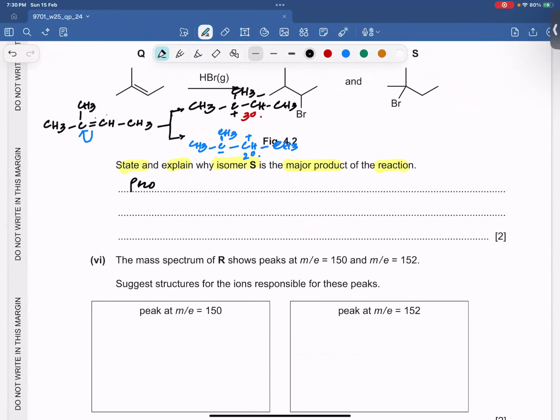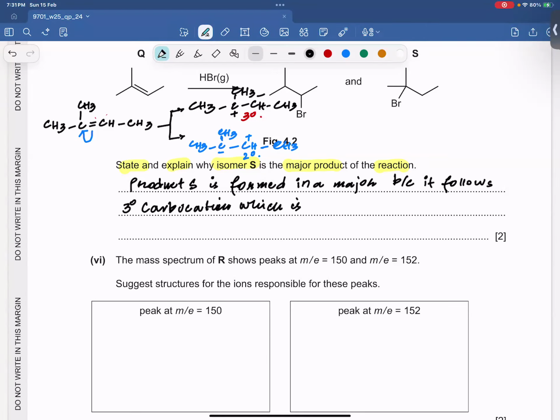Product S is formed in a major amount because it follows the 3-degree carbocation, which is more stable.